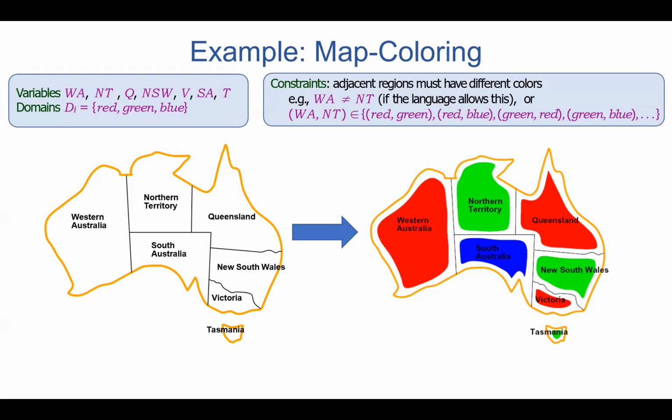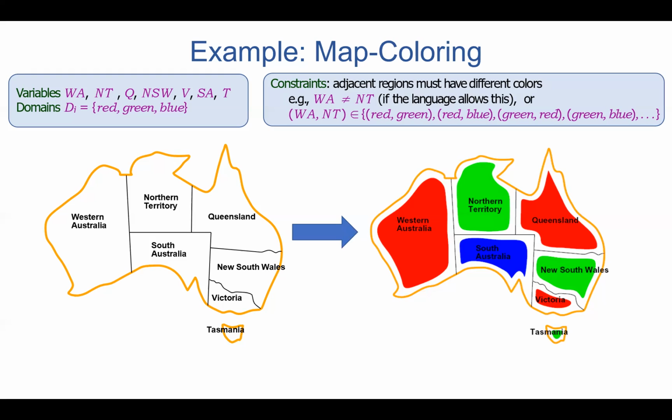That's the implicit constraint. Then we have explicit constraints. That's more helpful from the programming perspective.